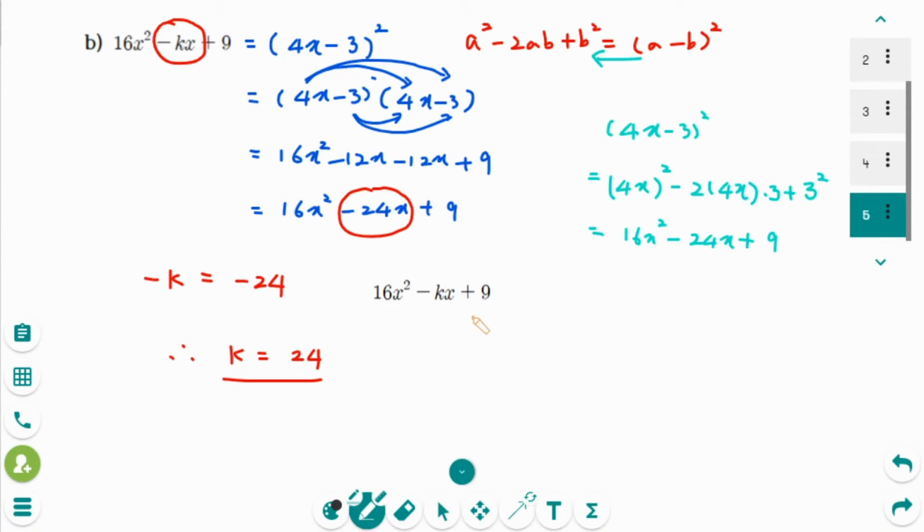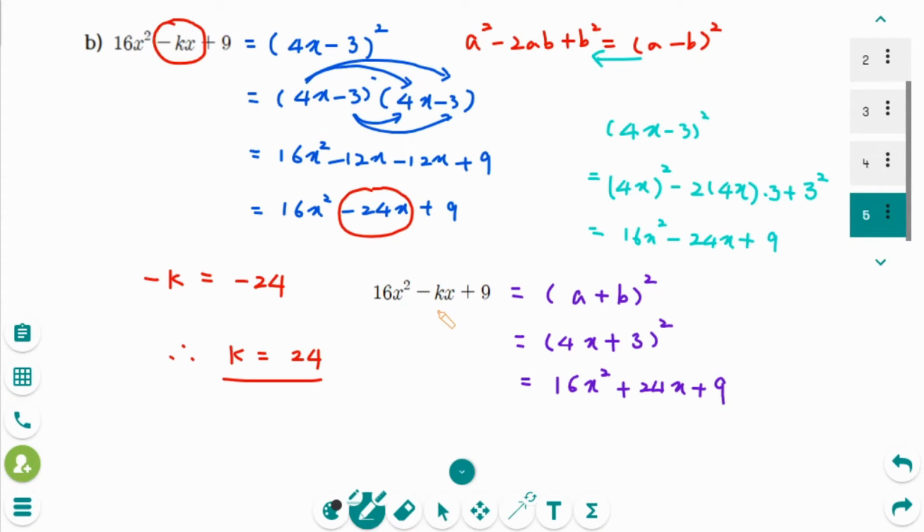But we are not done yet. This trinomial can be factored like a plus b squared like this. That means 4x plus 3 squared. So only change the sign, this part. So it will be 16x squared plus 24x plus 9.